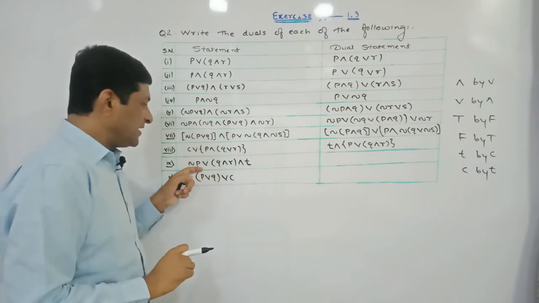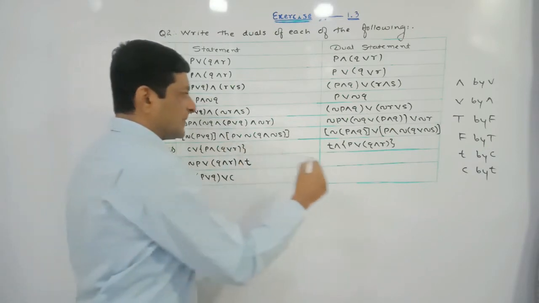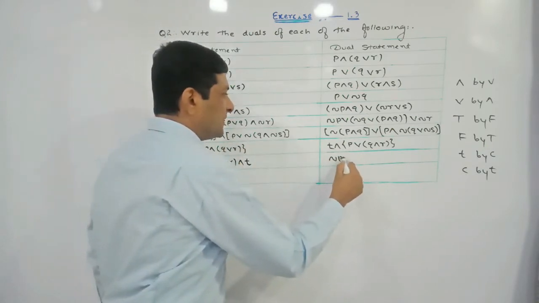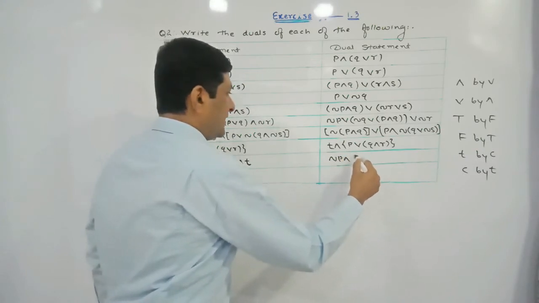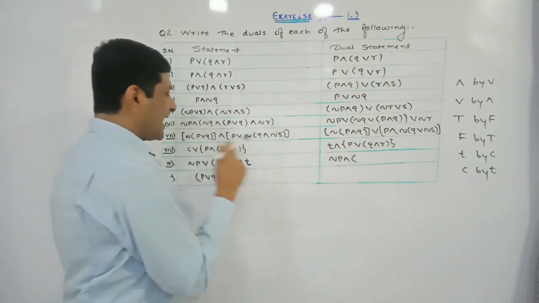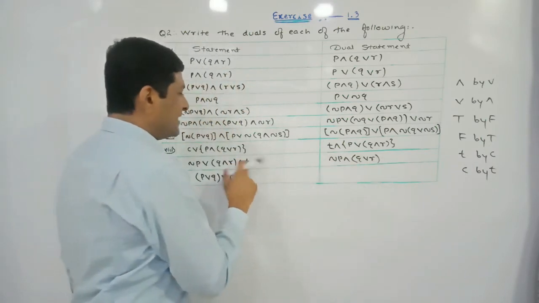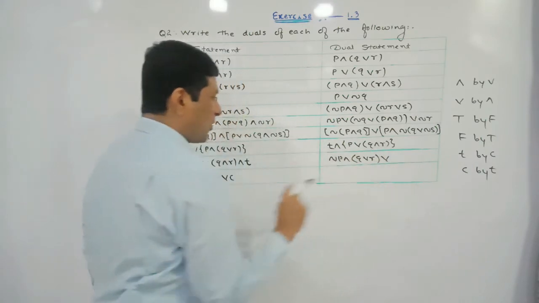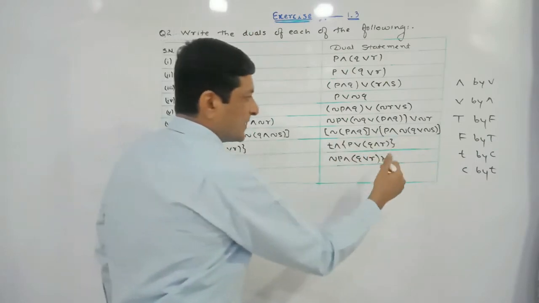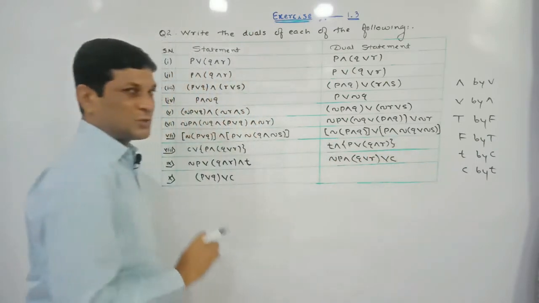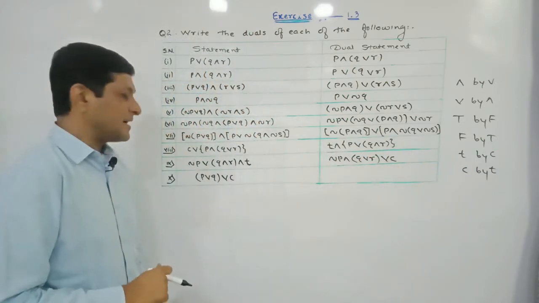Here negation P, keep it as it is, and this OR will get replaced by AND. Negation P and in this bracket Q and R is there, so here we will get Q or R. And t, AND will get replaced by OR, and the small t will get replaced by what? Small c, means tautology will get replaced by contradiction.